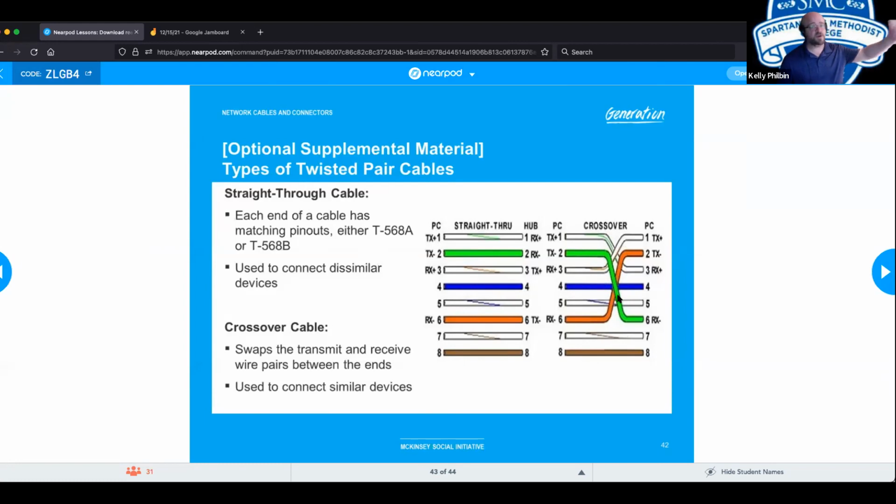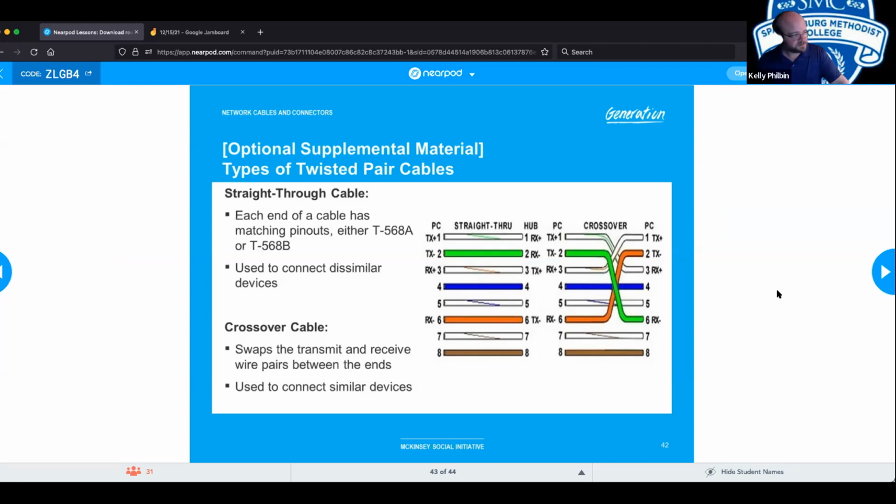At this time, with regards to CompTIA A+, only 1, 2, 3, and 6 are crossed over, because they only used 4 pins for communication. 2 out, 2 in.